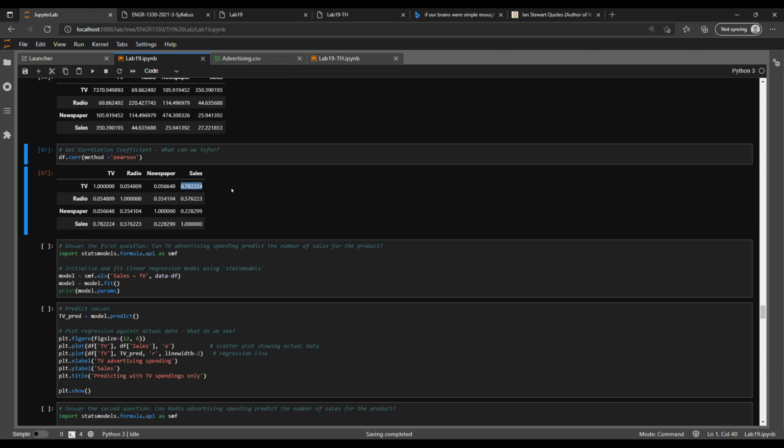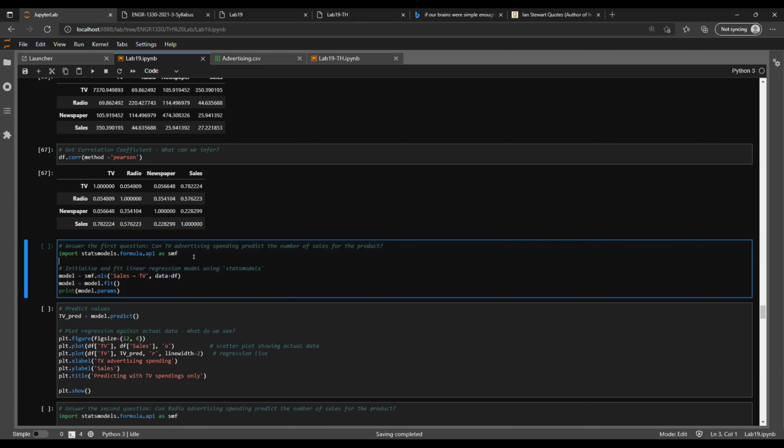Yeah, that one is a pretty good positive correlation, at least compared to the others. I would say so. It's definitely the most positive of them. 0.78 is more than halfway between 0.5 and 1. So I'd say it's close-ish.